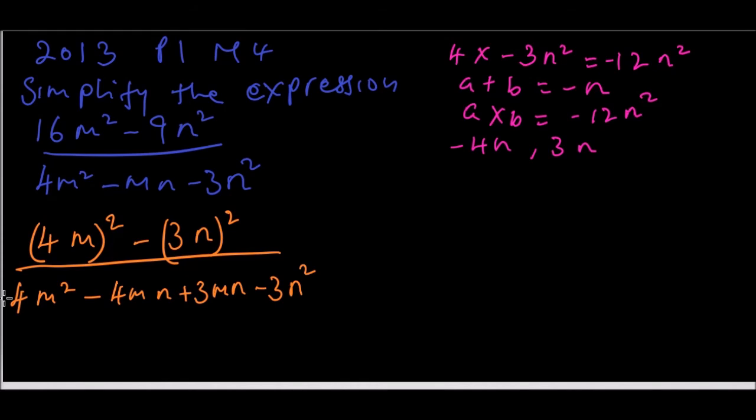So with the numerator, this is a difference of 2 squares, so we can write it like this. We say it is (4m plus 3n) into bracket (4m minus 3n). If we expand that, you still get to what we have up there.